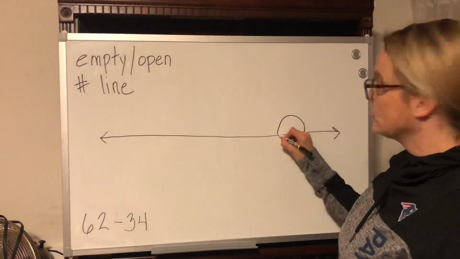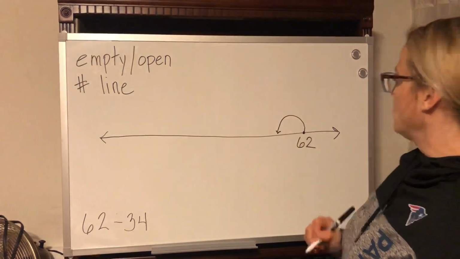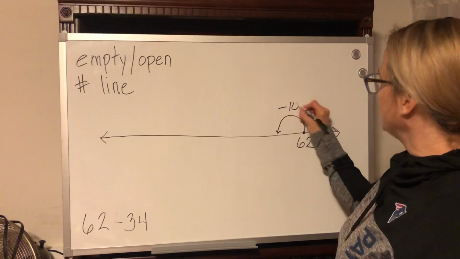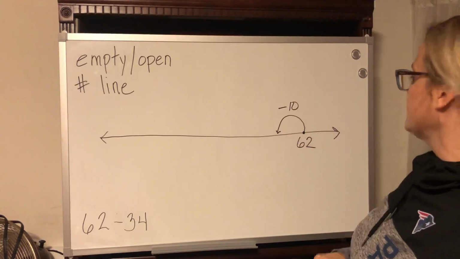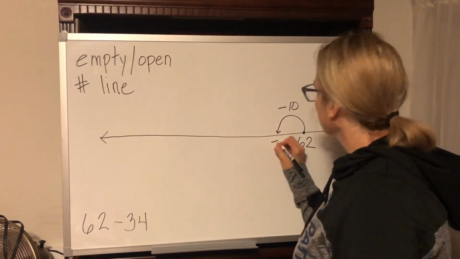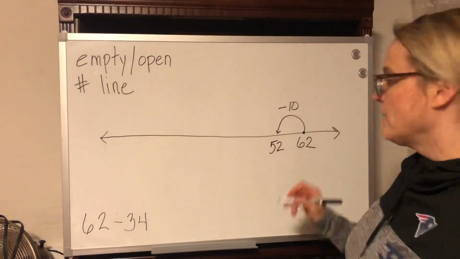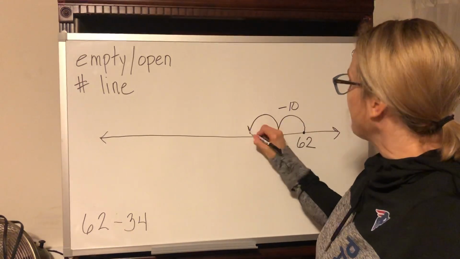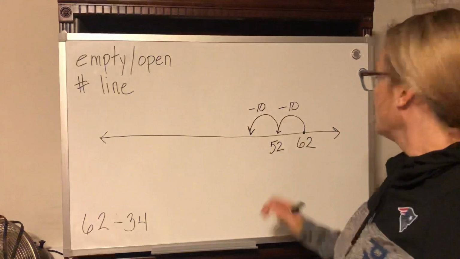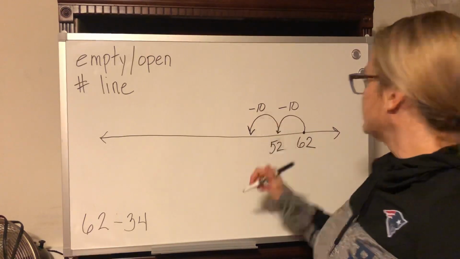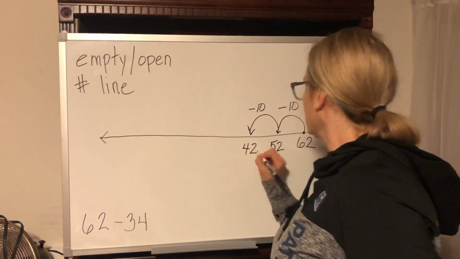I'm going to do it the long way first. So minus 10. I'm going to write it up here so I remember. 62 minus 10 equals 52. Then I'm going to take another 10 away. Minus 10. 52 minus 10 equals 42.